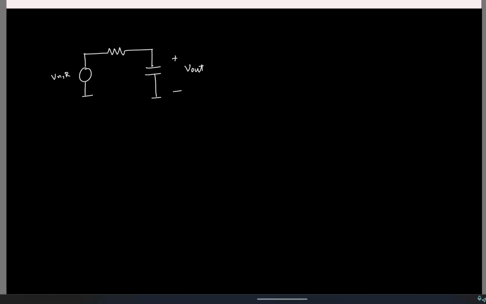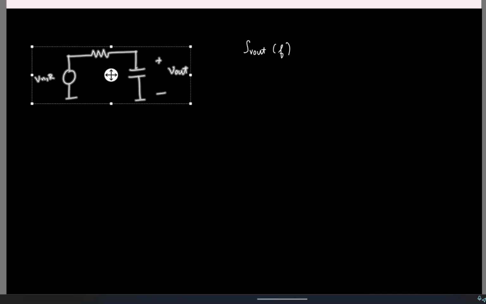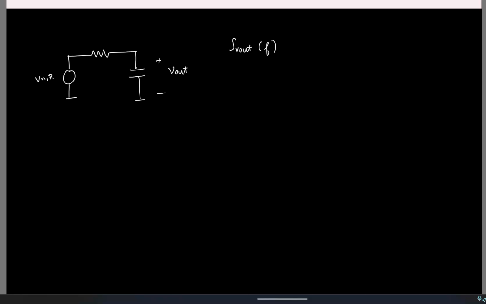Okay. So in that case, what is the power spectral density at the output, or how will I find it? Basically the input power spectral density times the transfer function from here to here, magnitude squared. So input power spectral density is what?